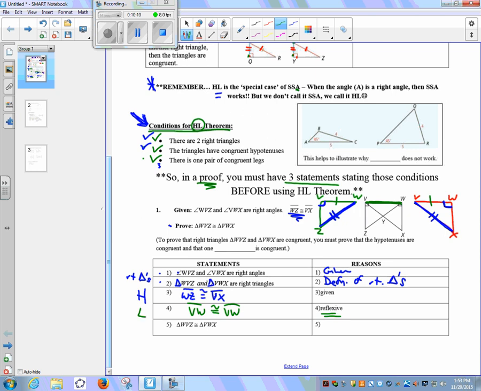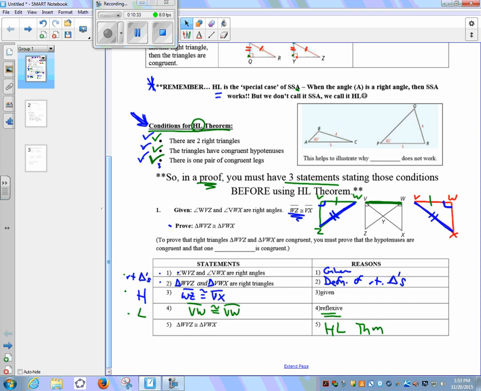That means that we have a leg congruent to a leg. So at this point, we have all the criteria we need. That third piece we've got. And we can say that the two triangles are congruent by the HL theorem.